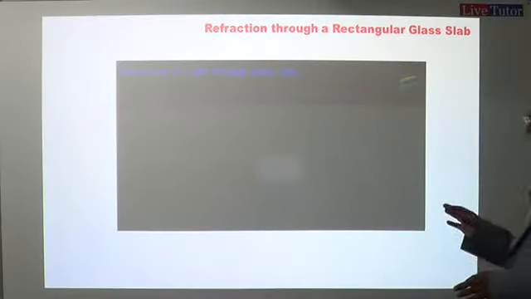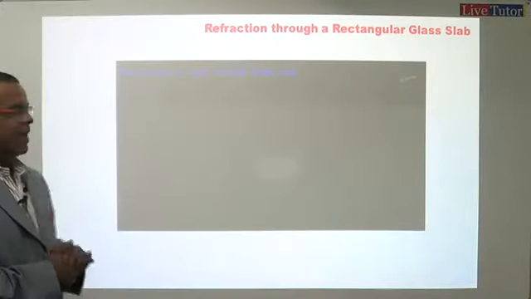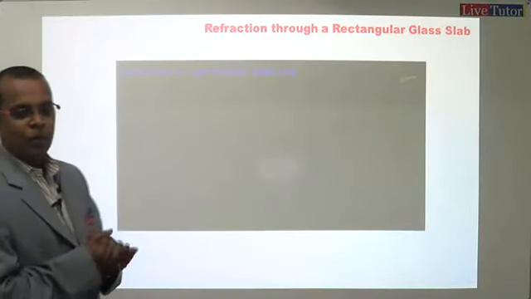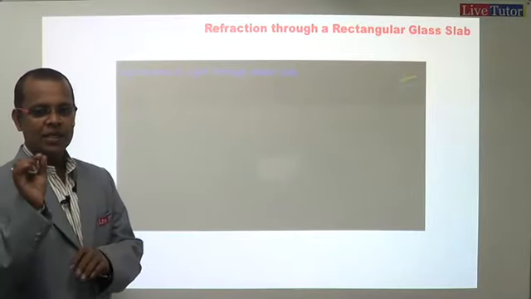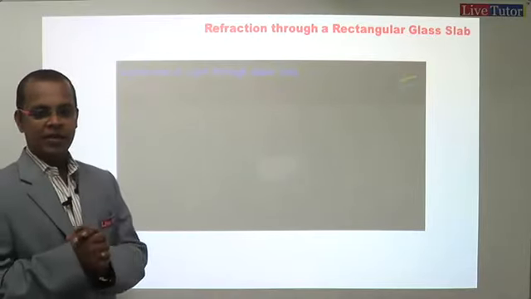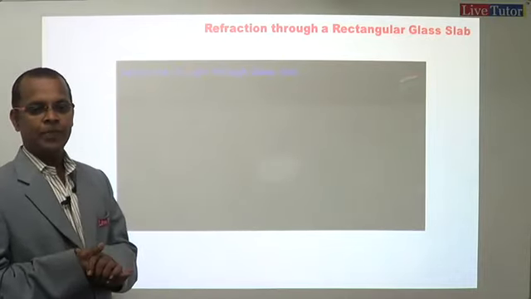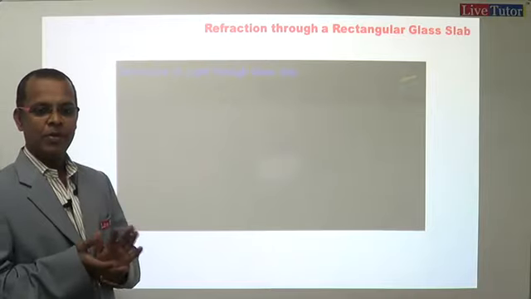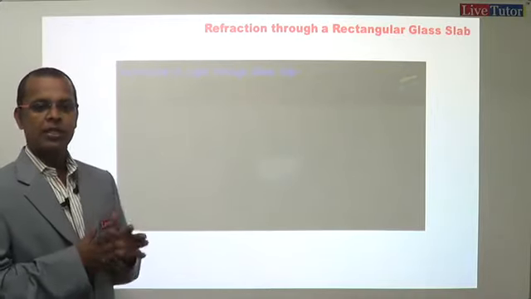So now this small experiment explains how a light beam, when traveling from one medium to another, gets displaced. Later we will understand that light travels with a different speed in different media. When it is traveling in air, the speed will be different; when it is traveling in glass or something like water, the speed will be different.